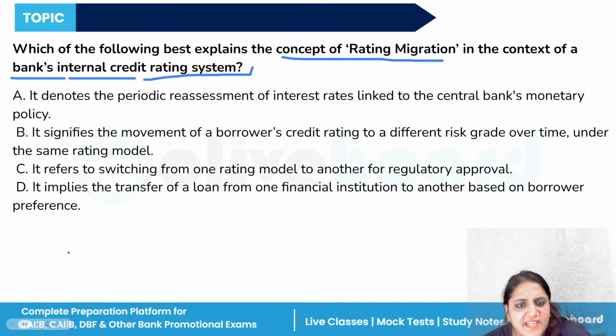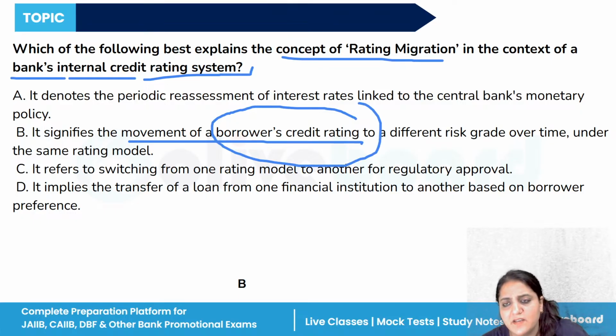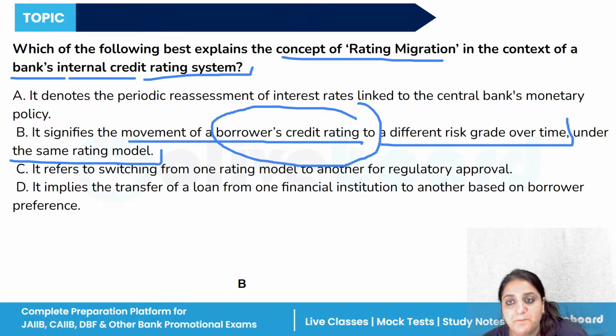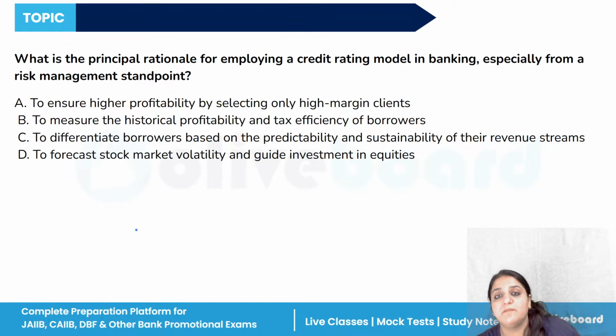Rating migration signifies the movement of a borrower's credit rating to a different risk grade over time under the same rating model. So the correct answer is option B.